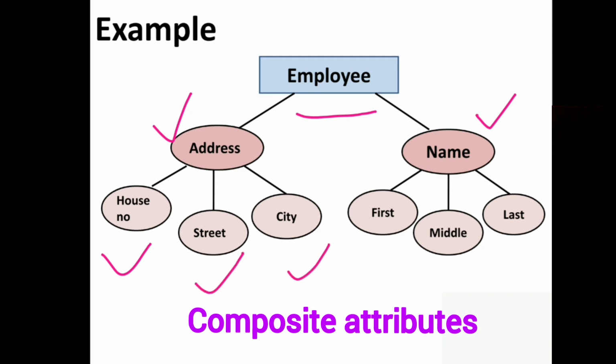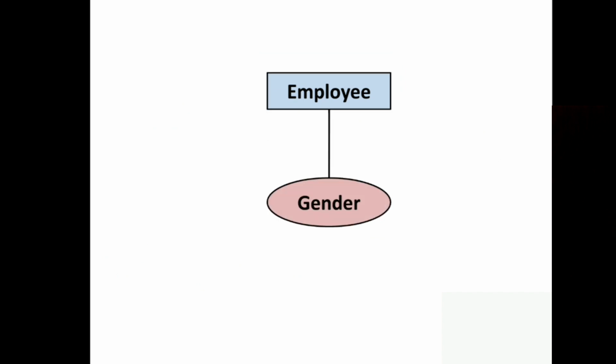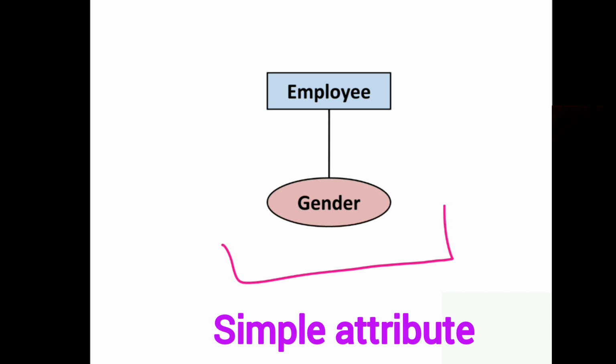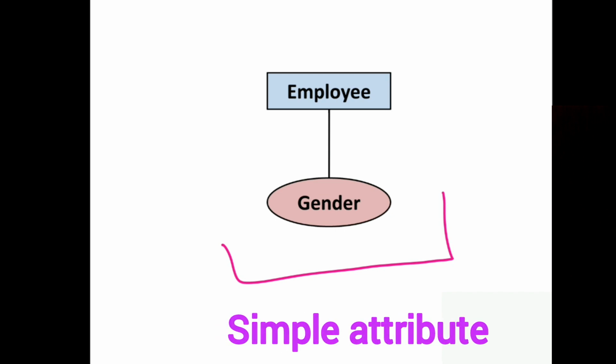And name can also be further divided into subparts as first name, middle name, and last name. Whereas, if we talk about the gender attribute of an entity employee, let's say the name of an employee is A and his gender is male. Now you cannot divide his gender any further, right? You cannot divide his gender any further. So this is why gender is a simple attribute, right?